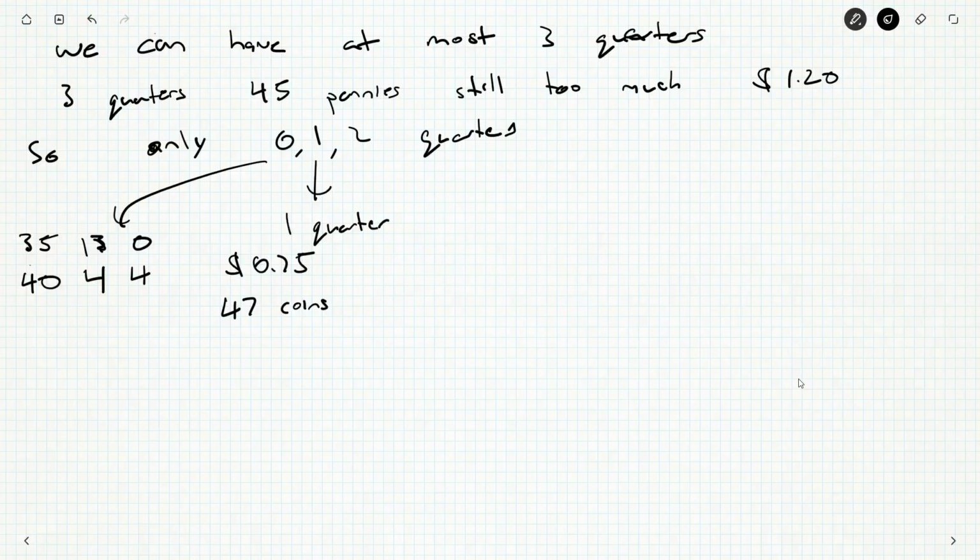Okay. Now we're a little more on track. So I lost myself a little bit there. This is actually turning out to be a pretty long Gauss 25. But, so with 47 coins, what can we have? We can have at most 7 dimes.